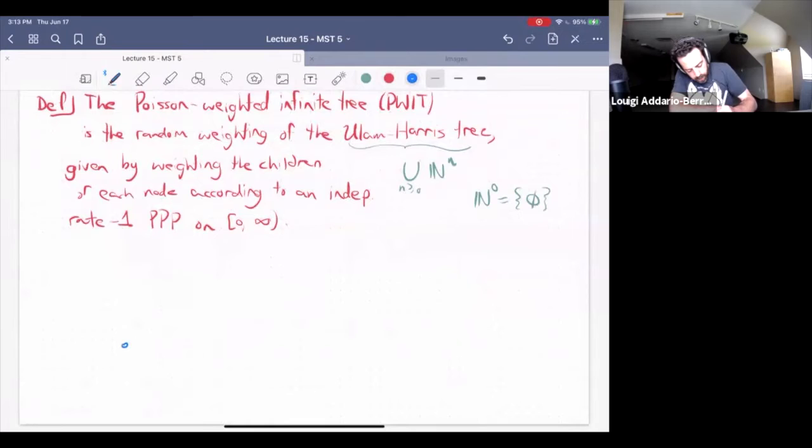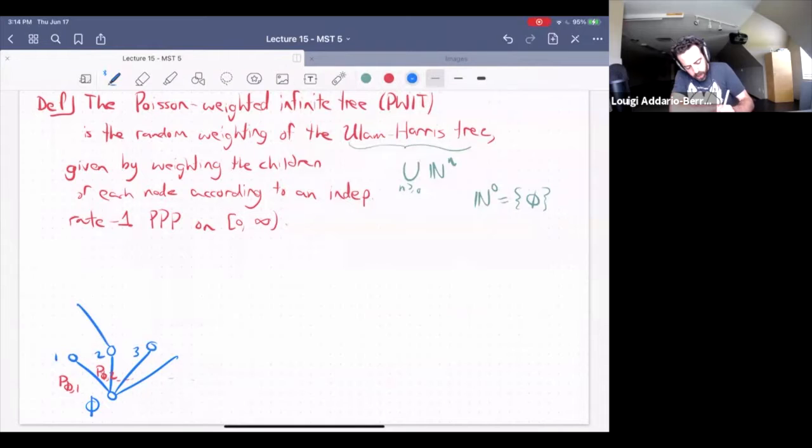So the picture is, here's the root labeled empty set. And then the edges from the root to its children have labels, I'll call them P empty set 1, P empty set 2, etc. Those children are 1, 2, 3.